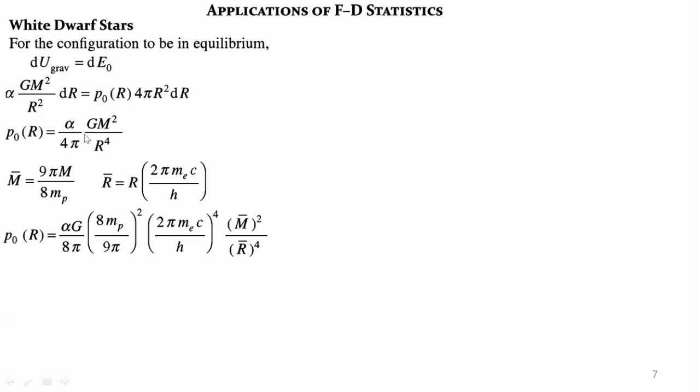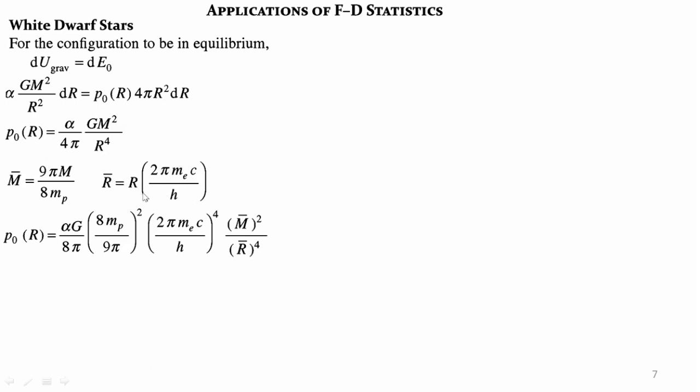So m square means this thing, 8 p over 9 pi whole square. Here we have written m in terms of m bar. Similarly, we have replaced r.